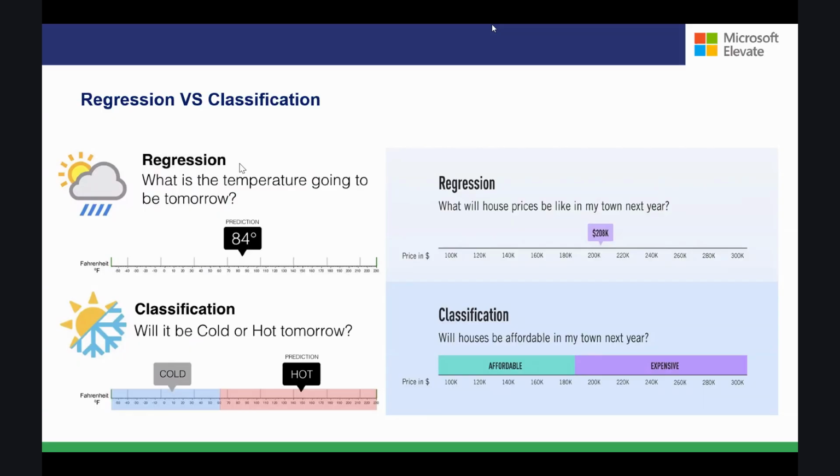If the temperature is above 60 degrees Fahrenheit, it is hot. If it is below, it is cold. If it is above, let's say again any number, if it is above $200,000, it is expensive. If it is below that, it is affordable. If yes, why? If no, why?